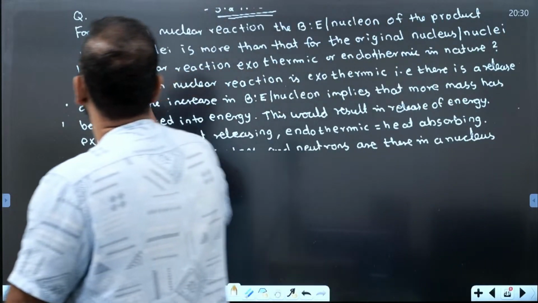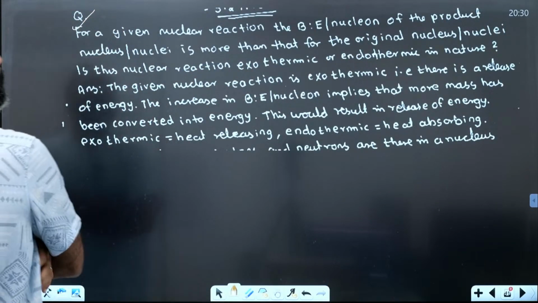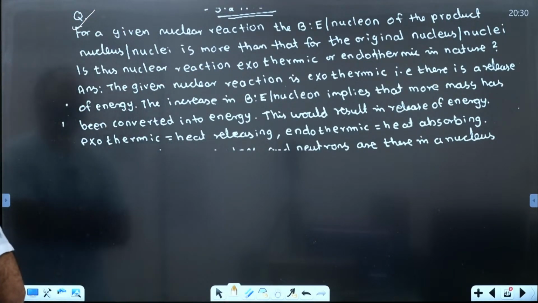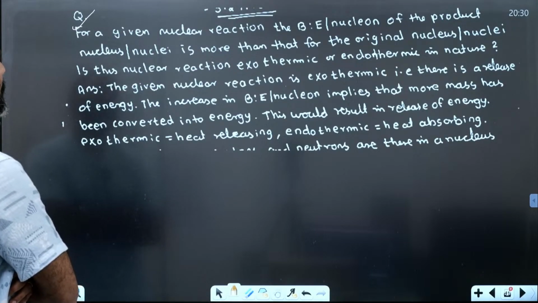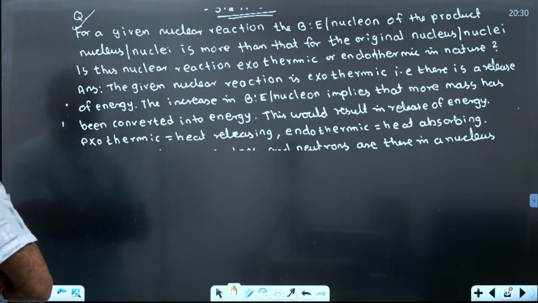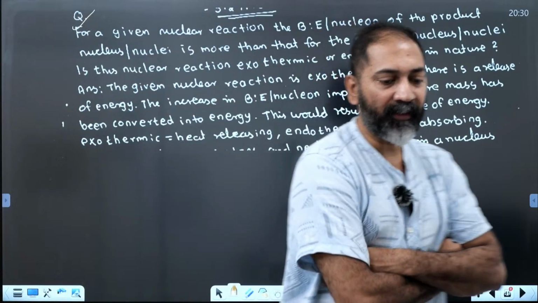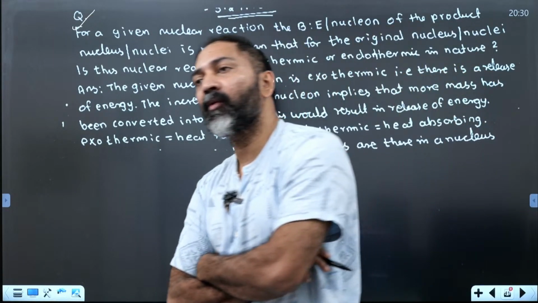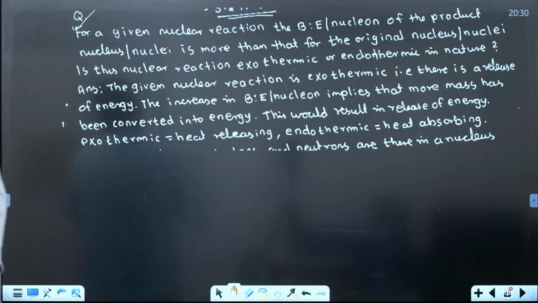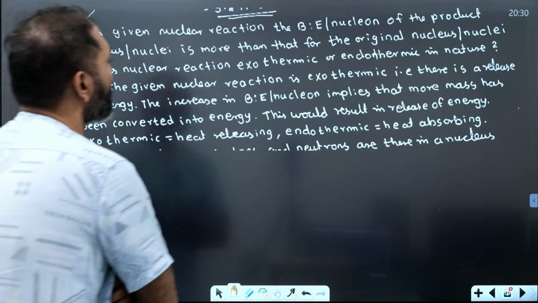Next question. For a given nuclear reaction, the binding energy per nucleon of the product nucleus or nuclei is more than the original nucleus or nuclei. See, the product has more binding energy than the original nuclei. That means mass has been converted to energy. Is this nuclear reaction exothermic?